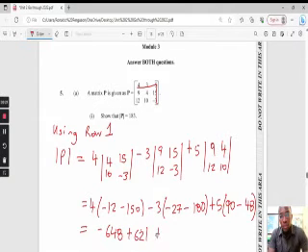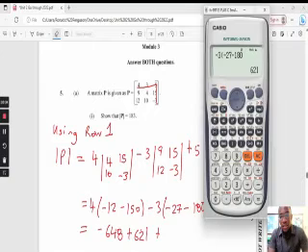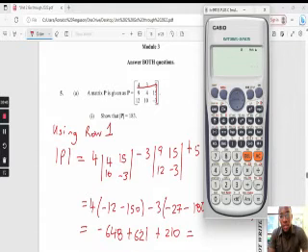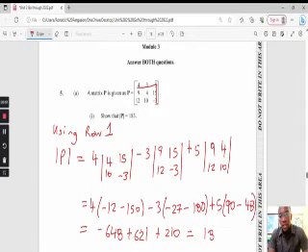Then we have plus 5 times 90 minus 48, that's positive 210. Now all of that in the calculator: negative 648 plus 621 plus 210. We'll get 183.